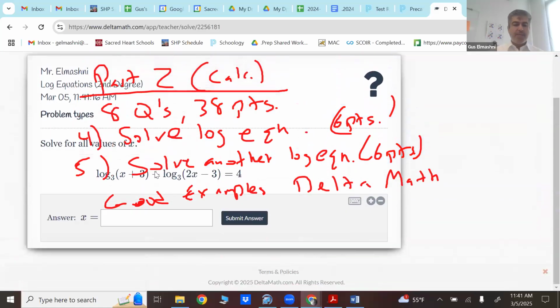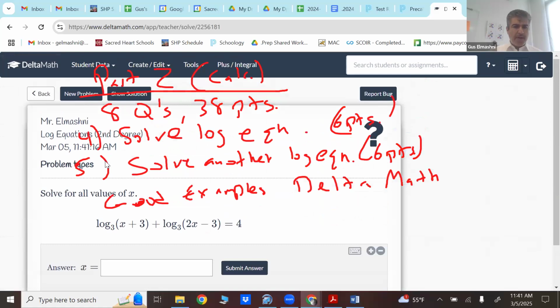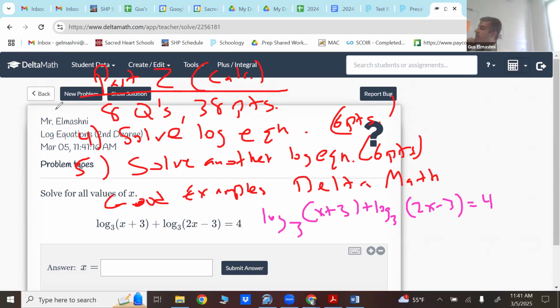So great example. Let me copy it and go back to my white background. So switch colors. So log base 3 of x plus 3, plus log base 3 of 2x minus 3. Wait, is this the first 3? I just talked about part 1, graphing.